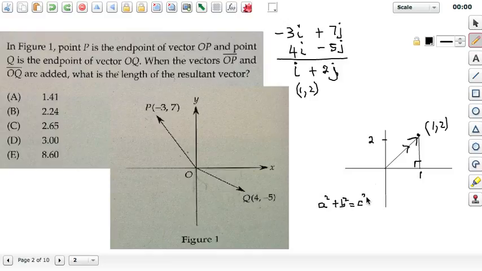You know 1 plus 4 is equal to c squared. 2 squared is 4. So c is going to be square root of 5. And if you plug that in your calculator, you will find that the square root of 5 is 2.236. And the correct answer is B.